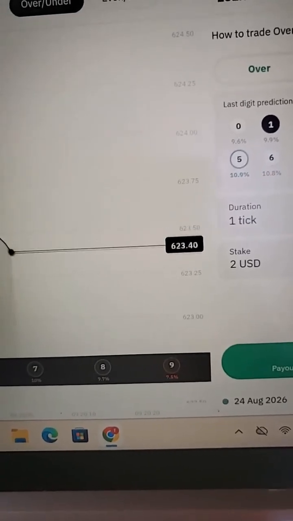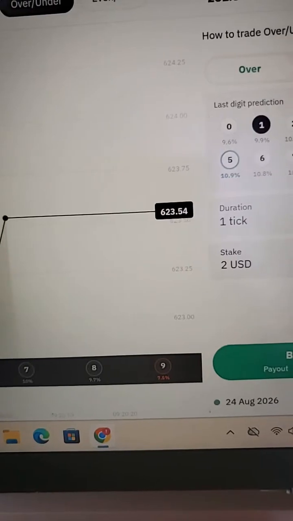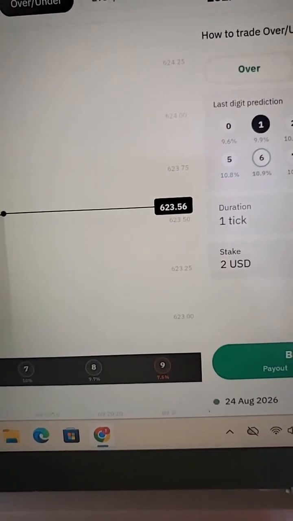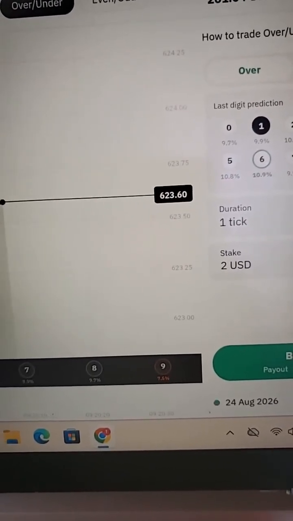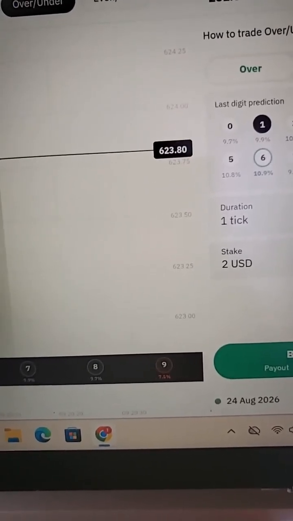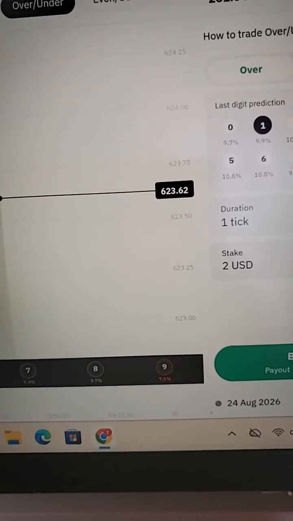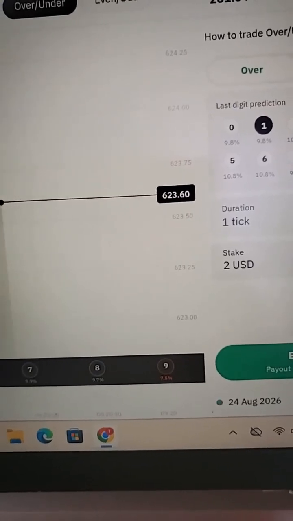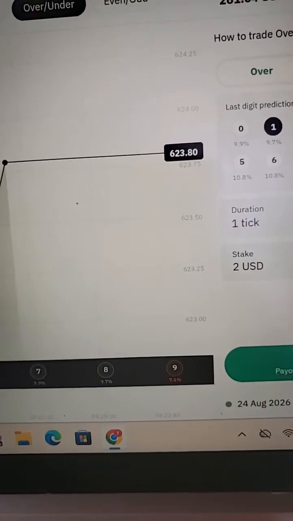Because you are trading over 1, you will only lose whenever digit 0 and 1 appears, isn't it? So you are trading over 1. So what is your entry point? Digit 1 or 0 appears.